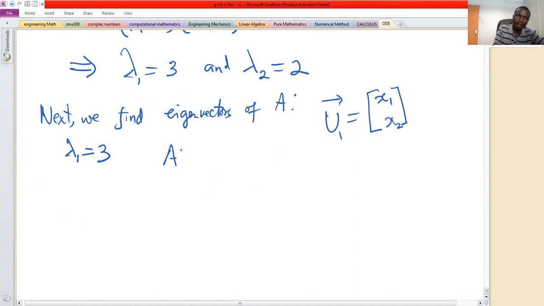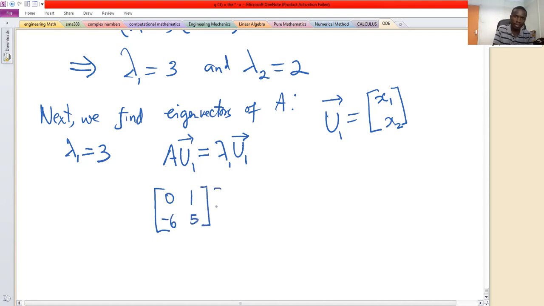So this is the eigenvalue, eigenvector equation that must be solved. Our A matrix 0, 1, minus 6, 5 times U1, which is x1, x2, equals 3, which is the eigenvalue, times x1, x2.